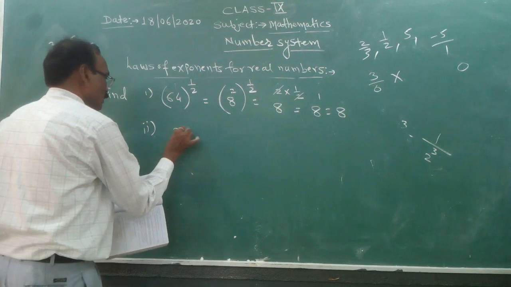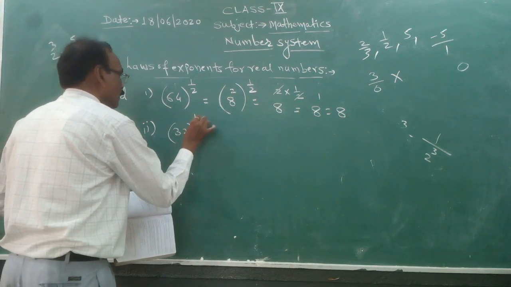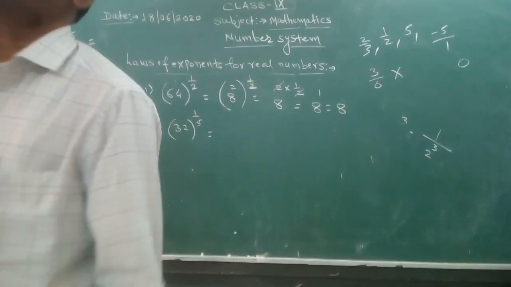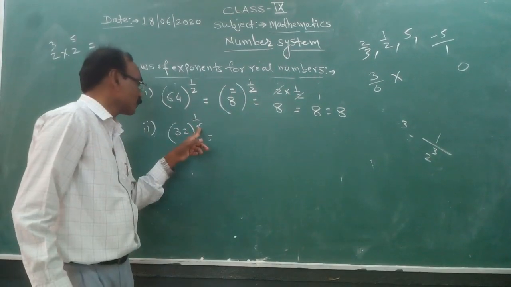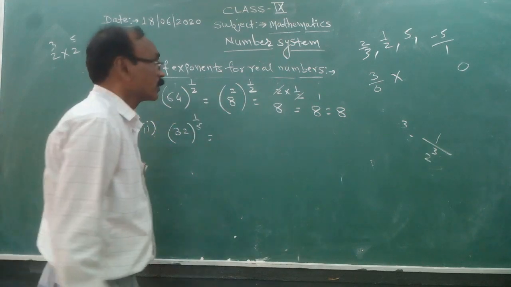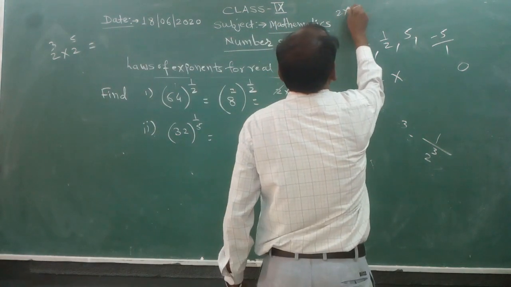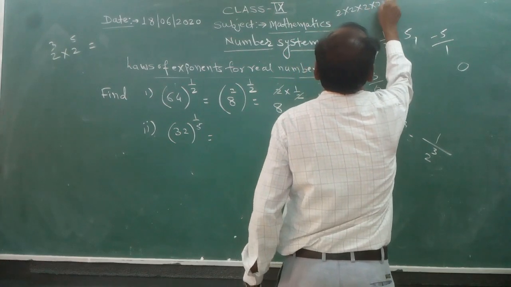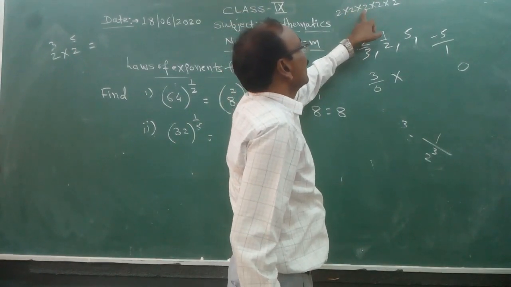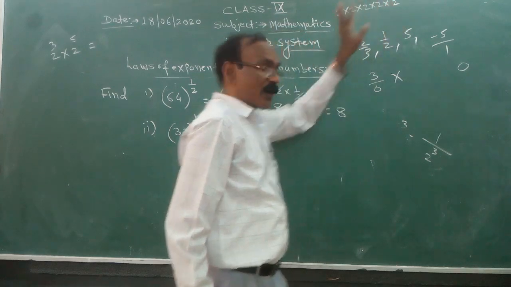32 raised to the power 1 by 5. Here the denominator of the power is 5. Can I write 32 in terms of power 5? You take 2 into 2 into 2 into 2 into 2. 2 to the 4, 4 to the 8, 8 to the 16, 16 to the 32.